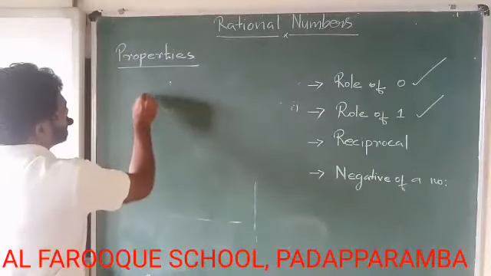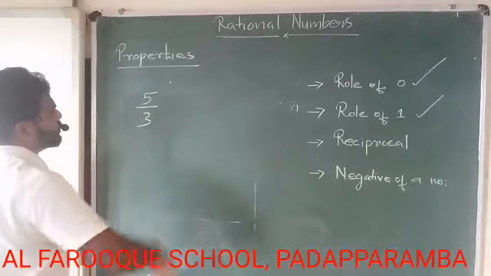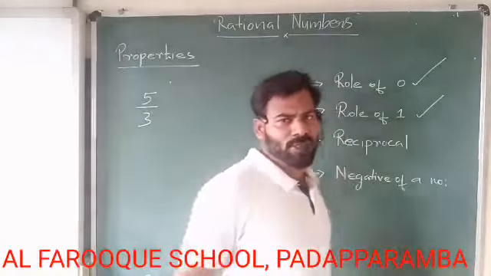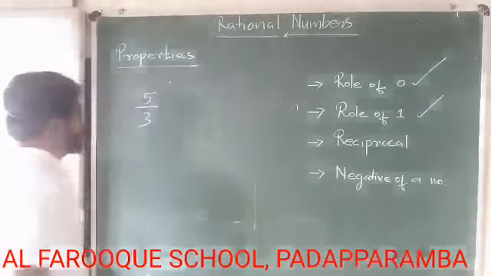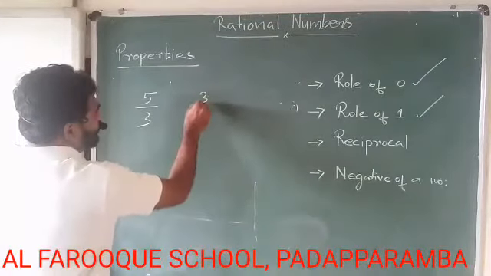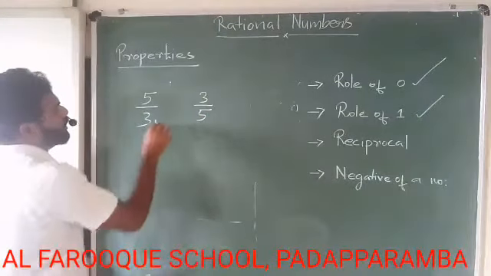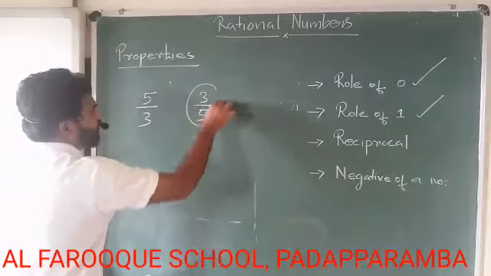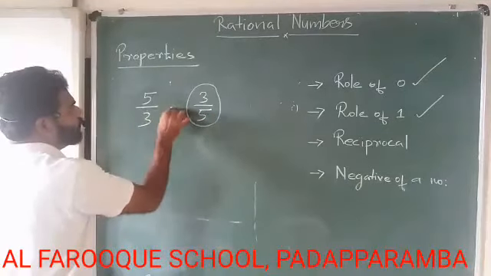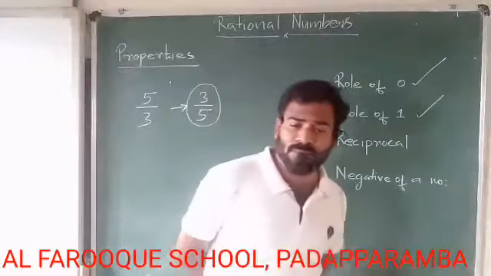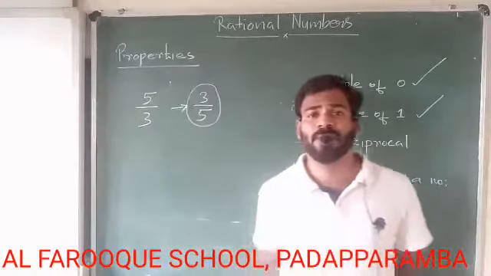For example, consider a rational number 5 by 3. If we interchange the numerator and denominator like this, 3 by 5, then we can say that 3 by 5 is the reciprocal of 5 by 3. Is it clear?